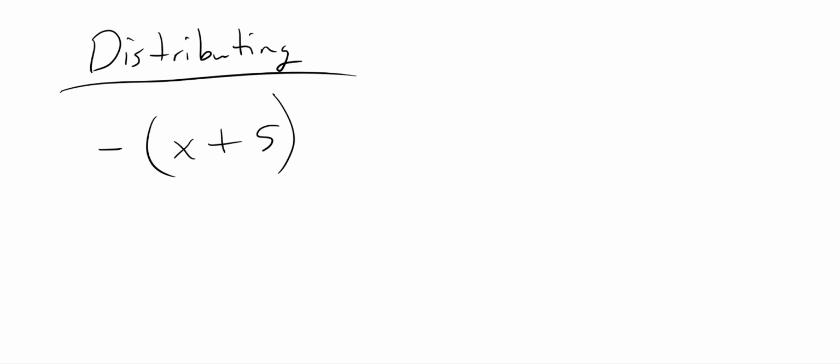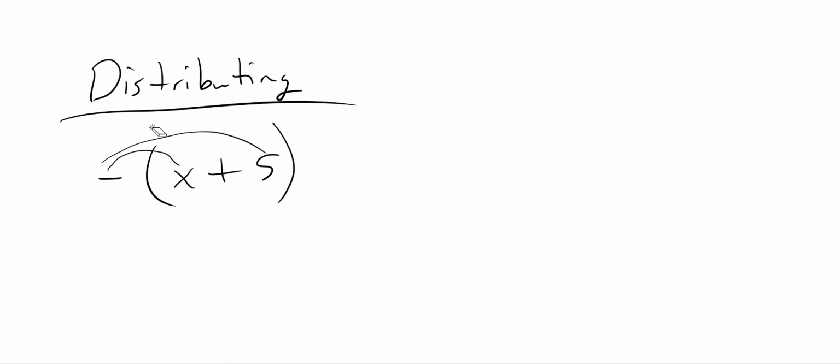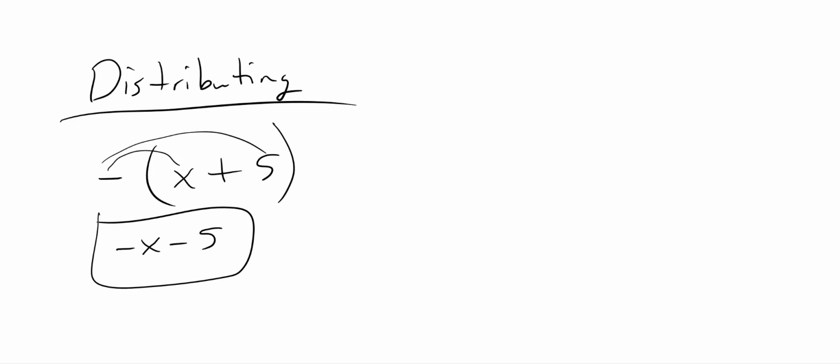Okay, remember guys, it's like you're changing the sign of every term here, or you're distributing the negative. If you want to say you were multiplying it by negative 1, that's cool. So what we're going to do is just distribute the negative. So it becomes negative x minus 5. And that's actually the answer to that problem, negative x minus 5.